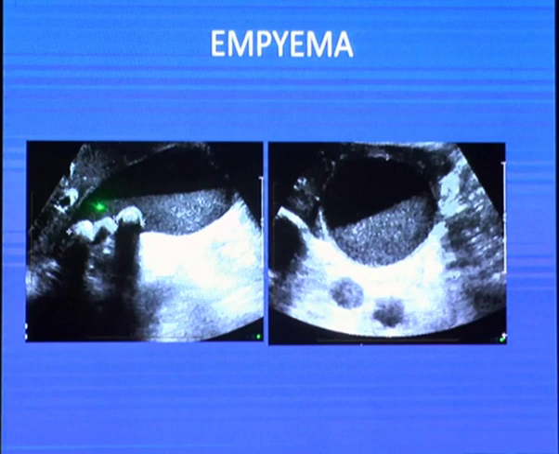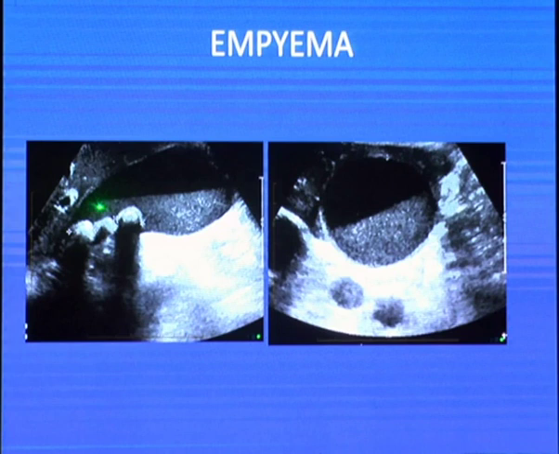On the other hand, empyema is a condition which is basically a complication of acute cholecystitis. Patient presents with pain in right hypochondrium, fever, rigors and chills. Here we can see that the gallbladder is distended and it now contains a fluid which is not clear.